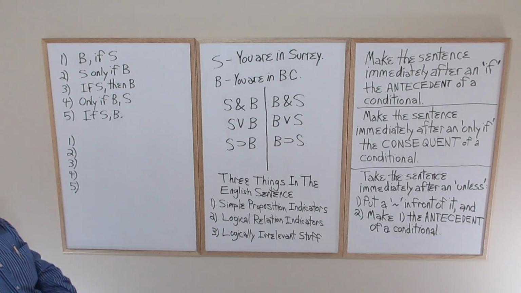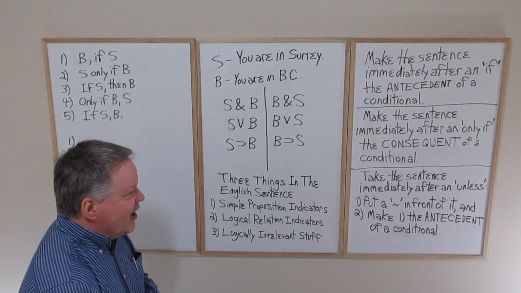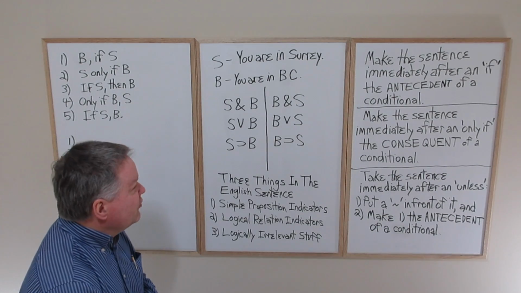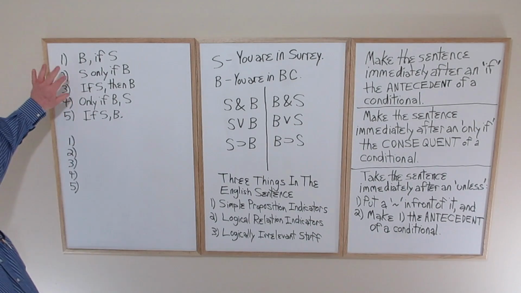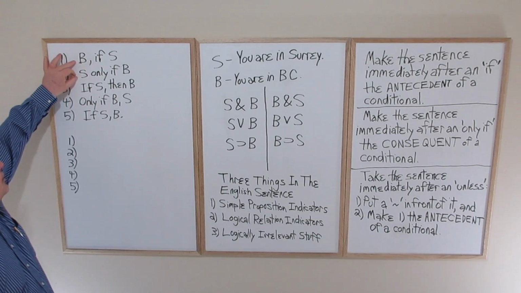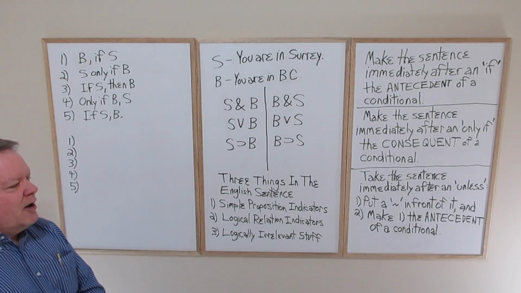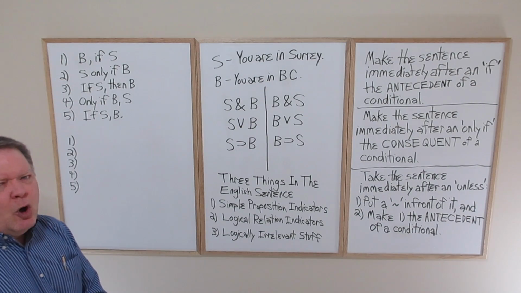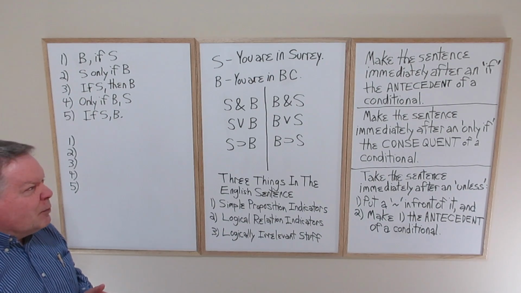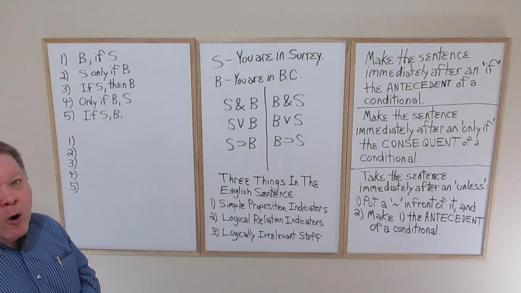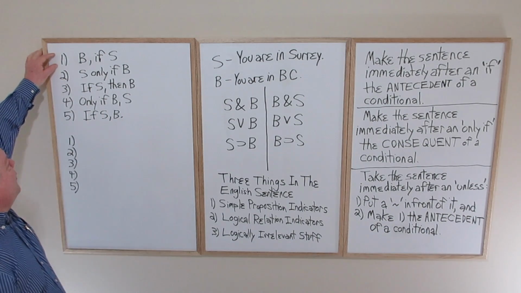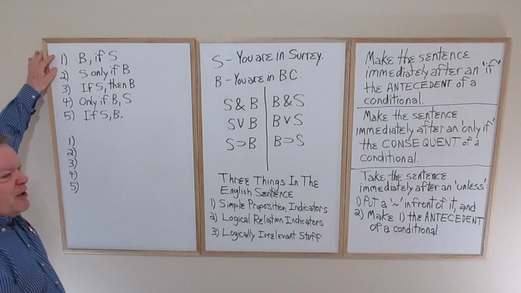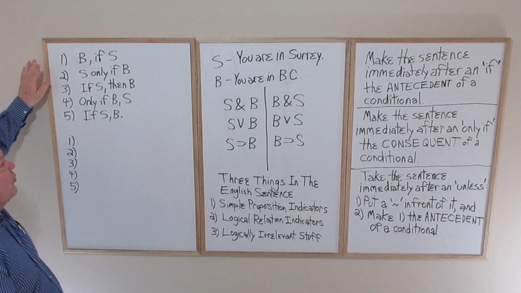The only thing that matters from a logical standpoint is, does the sentence contain an if or does it contain an only if? In a language like English, there are subtle differences in meaning between these sentences because whatever clauses are put at the beginning of a sentence are emphasized more than the ones that occur later. So with this first one, you're in BC if you're in Surrey.